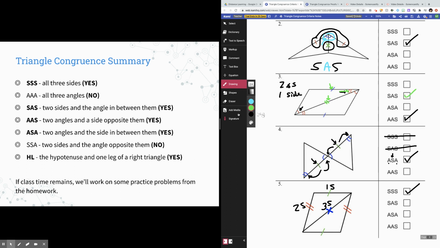So SAS would work. Or I have an angle, another angle, and a side trapped between them. So it could also be ASA. But again, the one that was explicitly marked with the information in the diagram would be angle, angle, side.